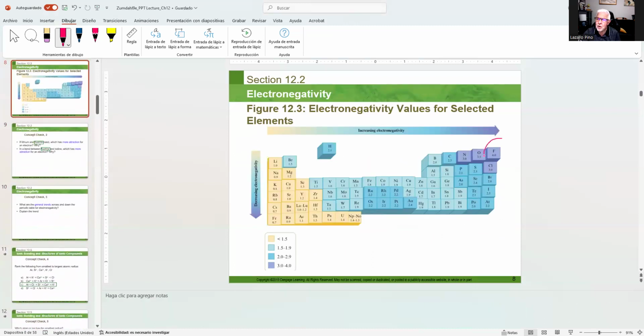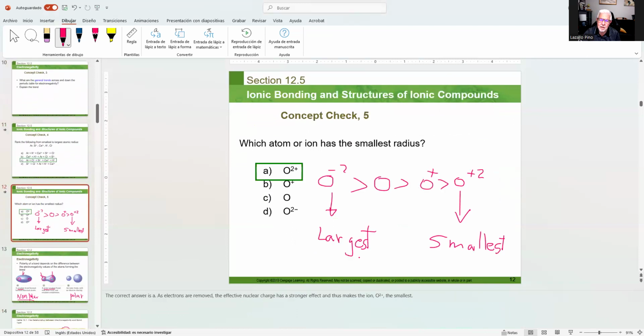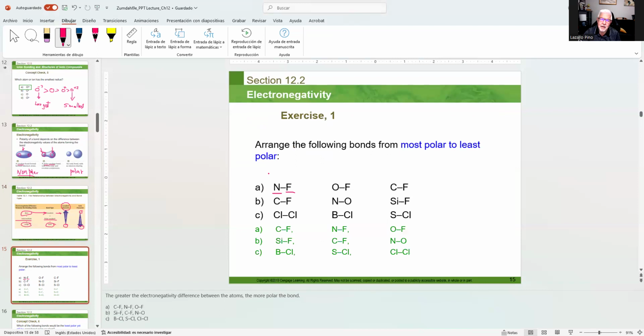Here you have fluorine is 4.0 and nitrogen is 3.0. Then you say 4.0 minus 3.0, the difference of electronegativity is 1.0.